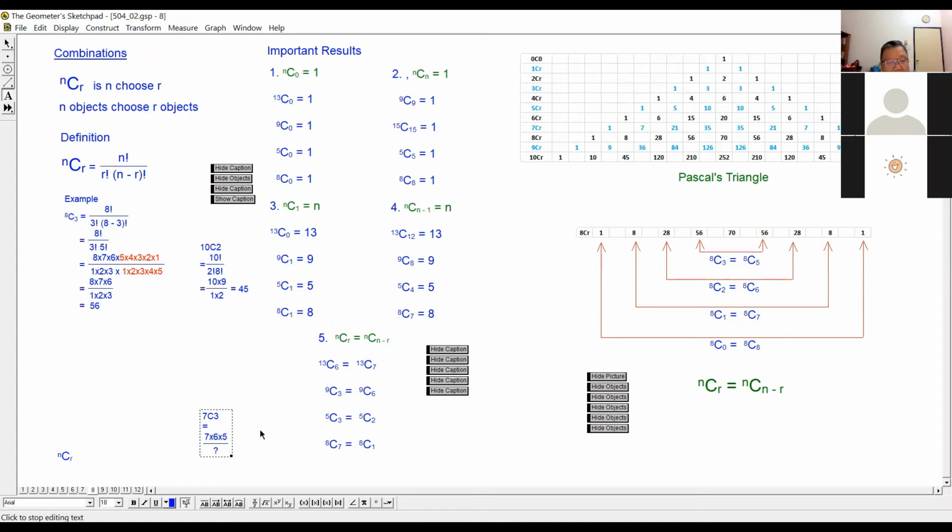Any more or not? No more, correct, because they said choose 3. At the top, you choose only 3 numbers. What are the 3 numbers at the bottom? 3 to 1. Correct: 3 times 2 times 1.